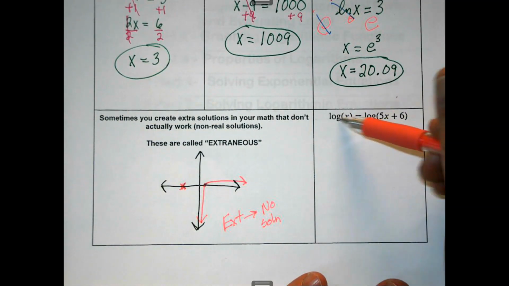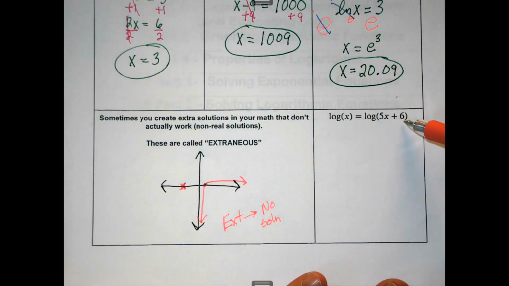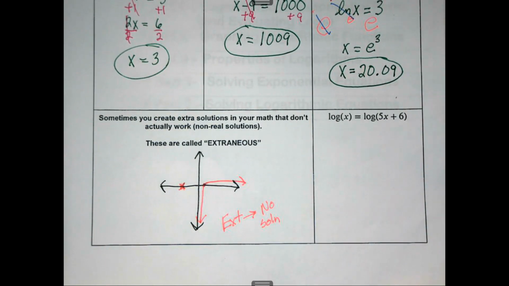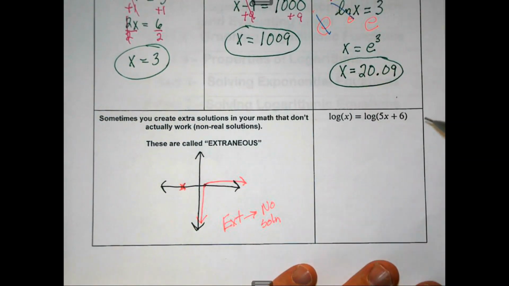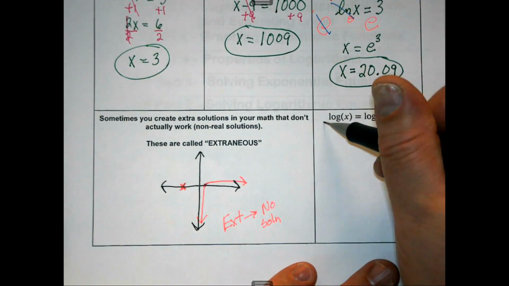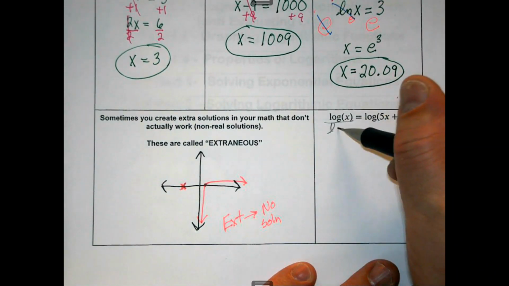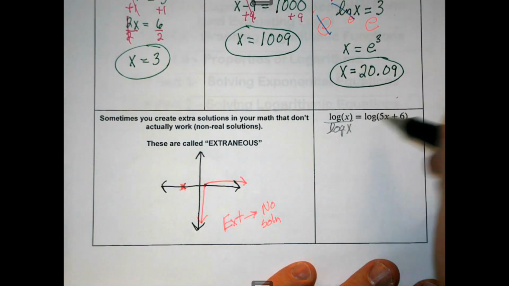If I divide by log of x, that's still not going to help me get that x out of the parentheses, is it? You know what I'm saying? Which one do you want me to divide by? Log of x. Okay. So divide both sides by log of x, right?